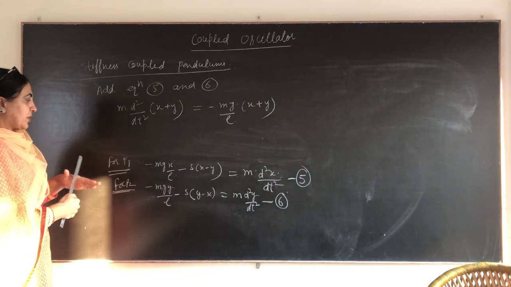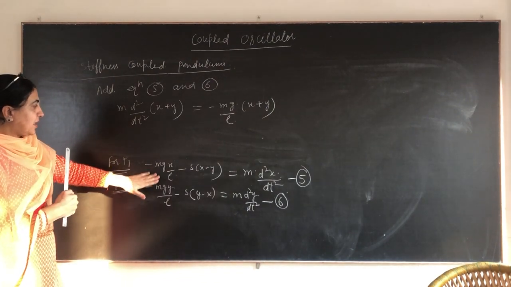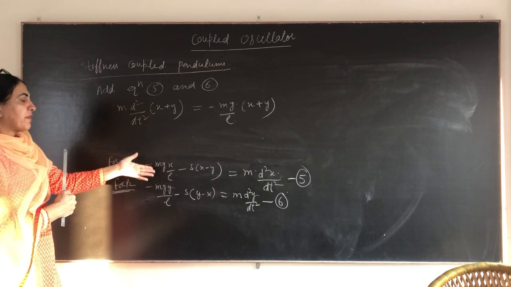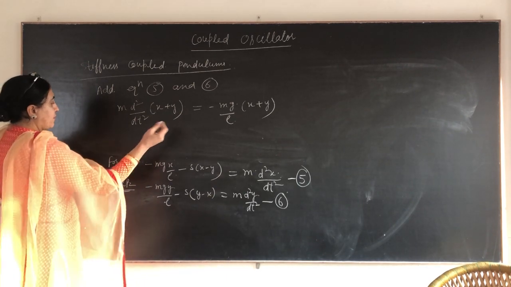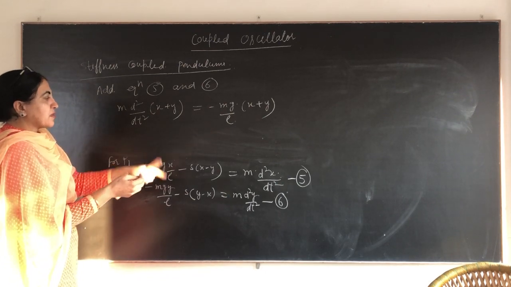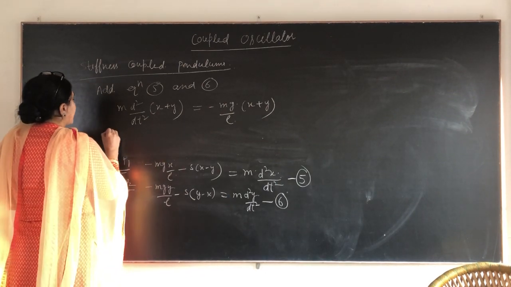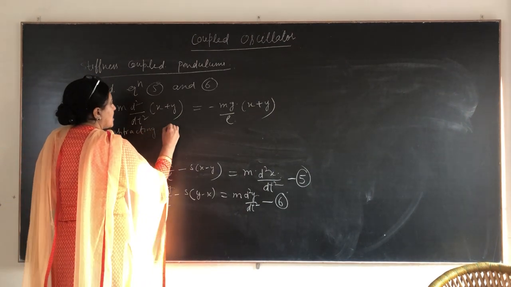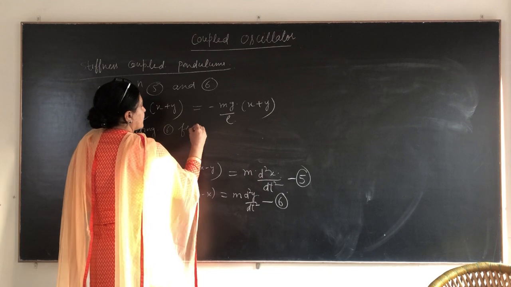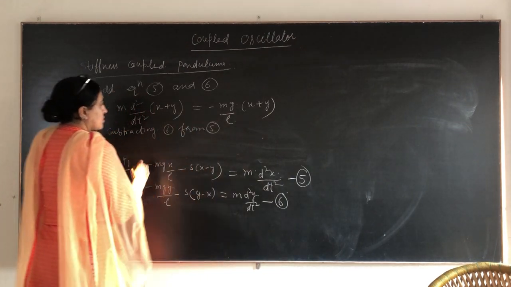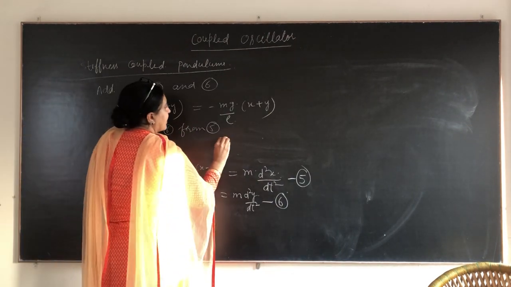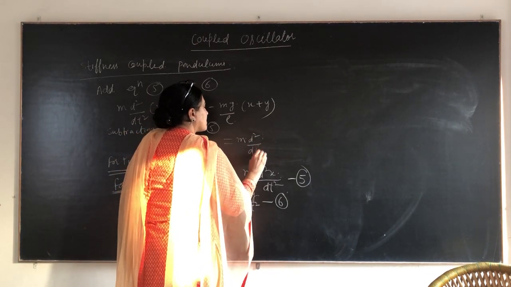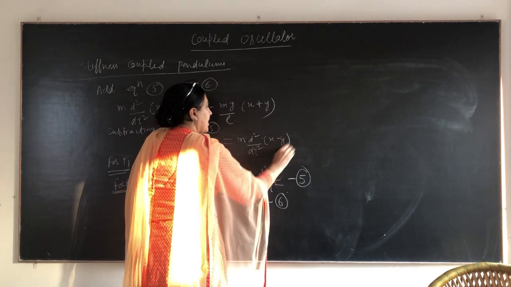Now subtract, subtracting the 6th from the 5th. So when we subtract them, on the right hand side we get m into the double derivative of x minus y with respect to t.